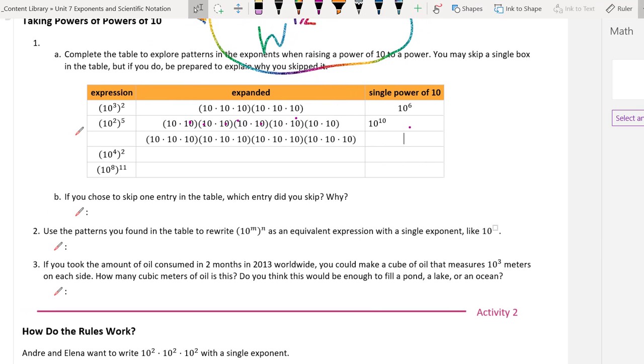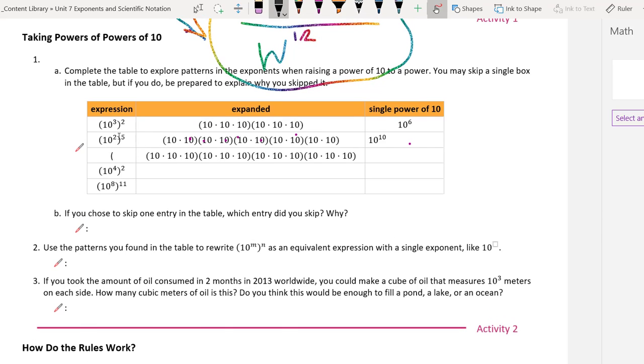Okay, so then we have 10 to the 3rd repeated 4 times here. So in parentheses I'll have, alright, this is being silly. I'm just going to write 10 to the 3rd to the 4th power.